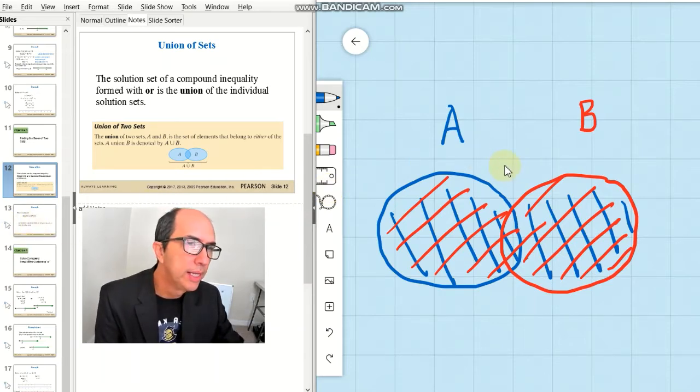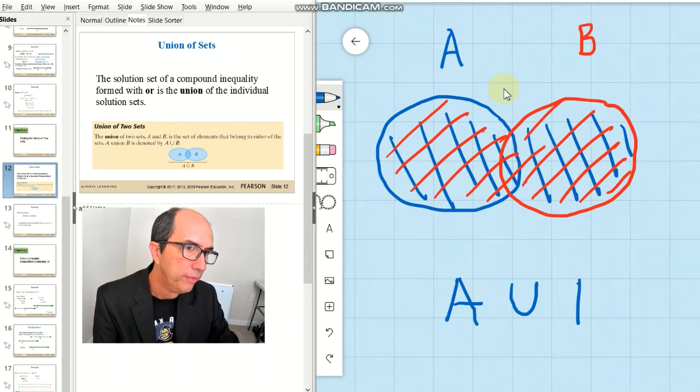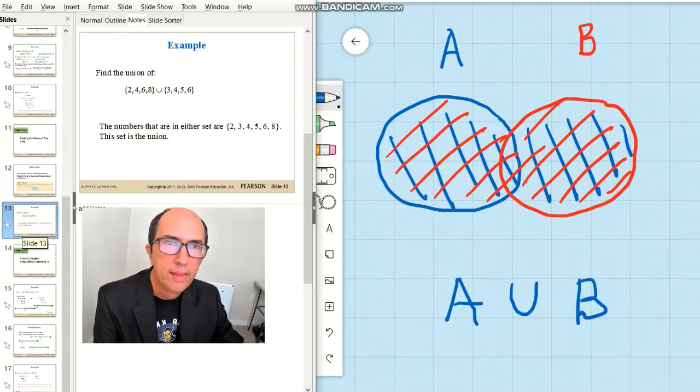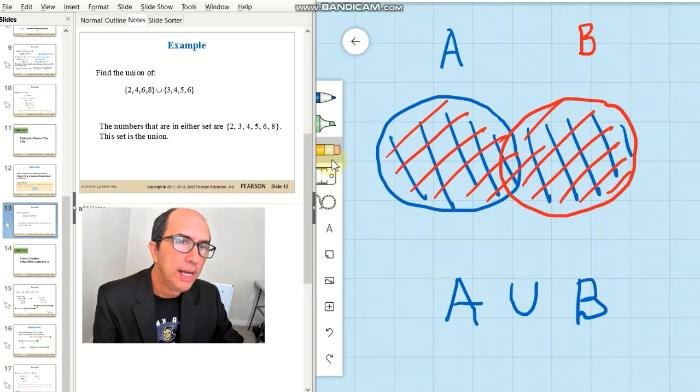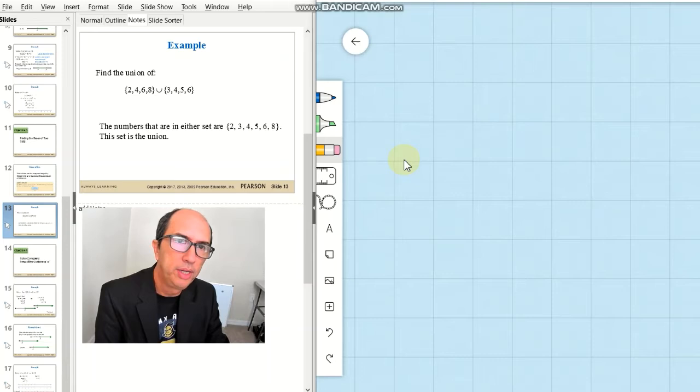And the representation, when we're talking about union, is A, and this is the sign, a capital U, looks like a capital U, B. And let's apply this new knowledge to an example. If we have these two sets of numbers.